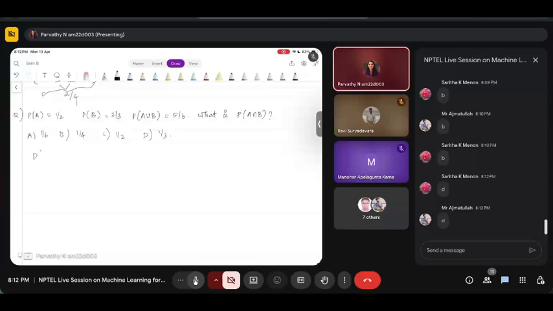P of A intersection B is equal to P of A plus P of B minus P of A union B. That is 1 by 3 plus 2 by 3 minus 1 by 6. So this will be 2 by 6.